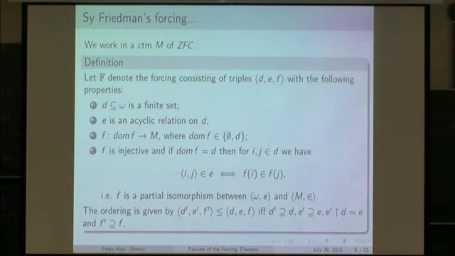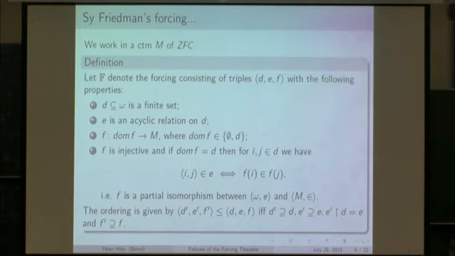Conditions in the forcing are triples of the form (D, E, f) with the following properties. D stands for domain. The domain is a subset of omega, it's supposed to be a finite set, then we have an acyclic relation E on D, and we have a function f which goes from its domain to the ground model M, and the domain of f, for a technical reason, is supposed to be either empty or the actual domain D.